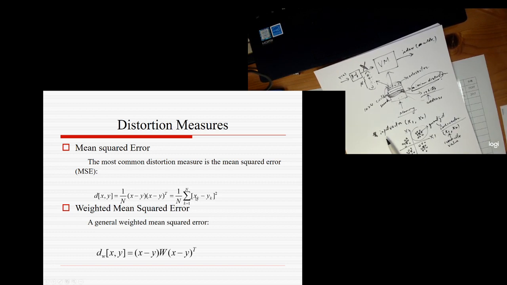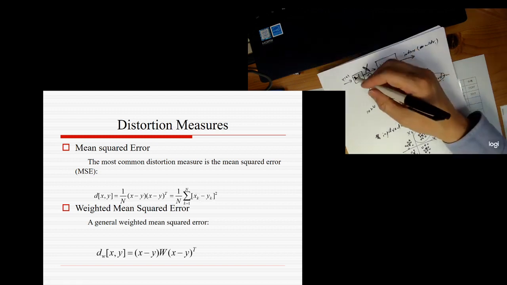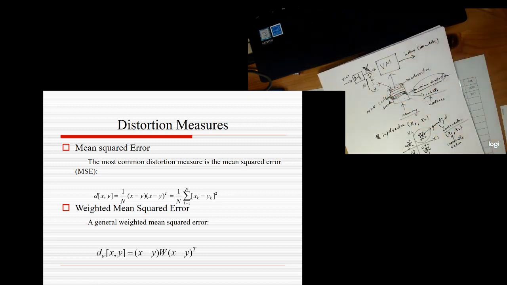You can see each component is subtracted by the corresponding component in your code vector to calculate the distortion. The differences can be positive and negative.